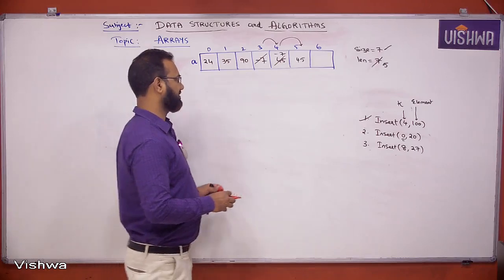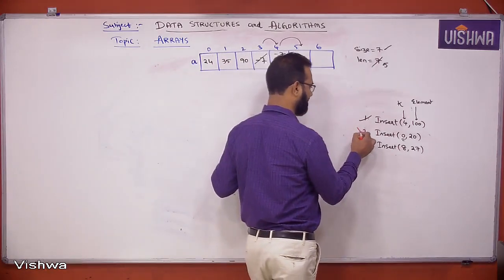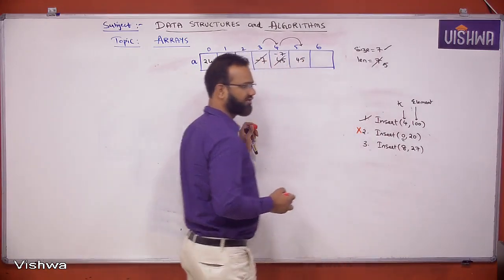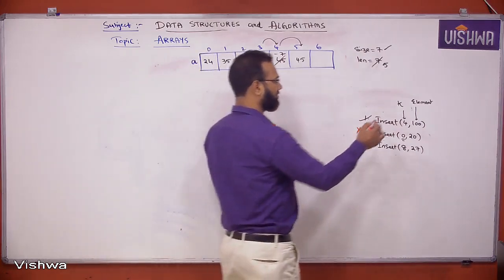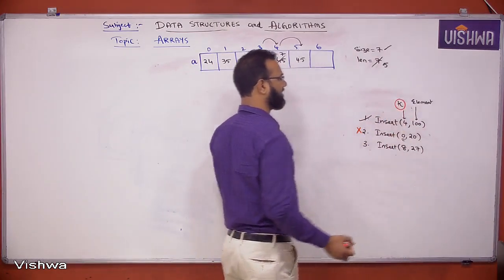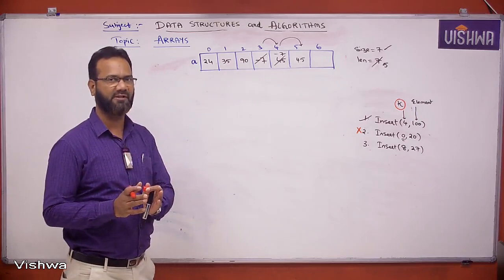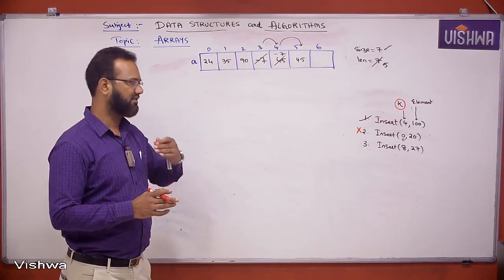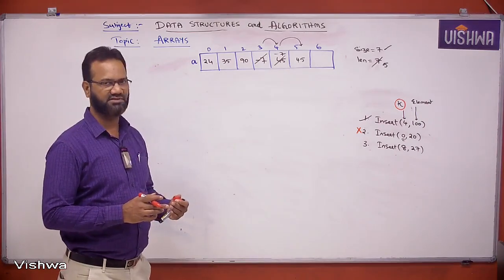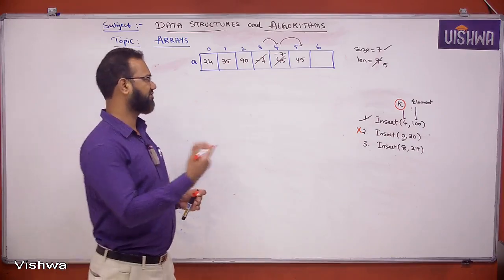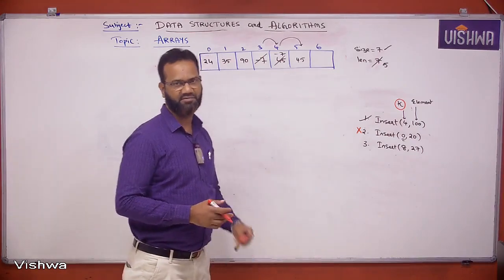That means this sort of condition checking you have to do. Whatever position the user is passing, make sure that it is a valid position. If it is valid, then only perform the insertion process. If it is invalid, give a message to the user that it is an invalid position.